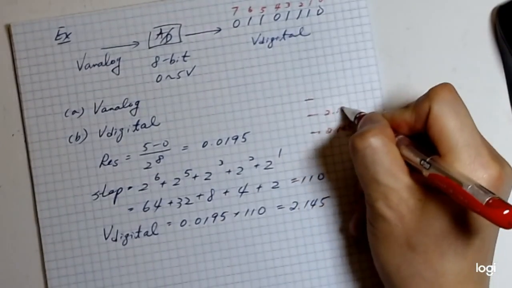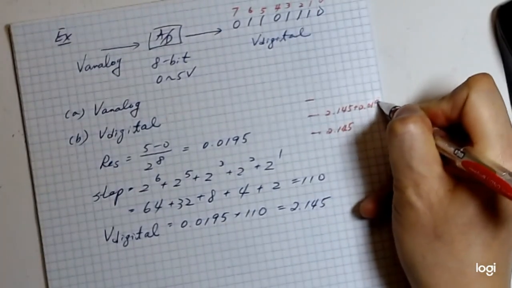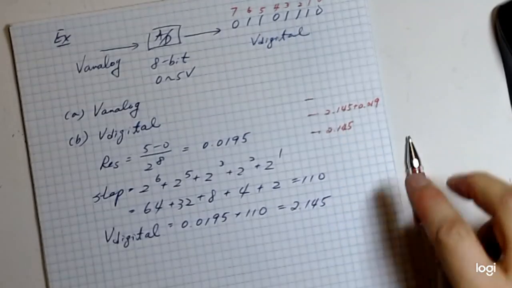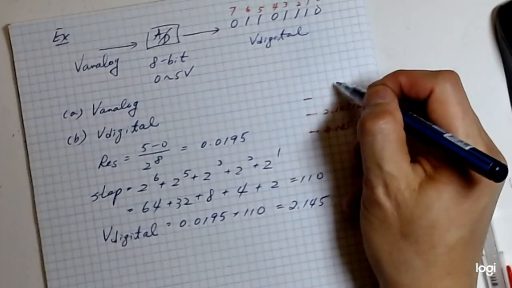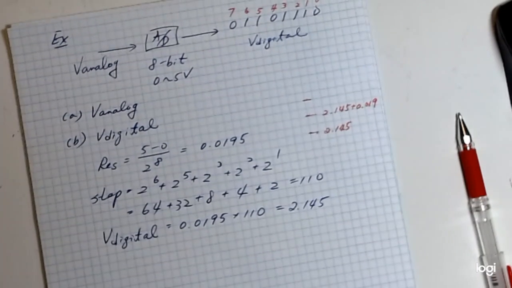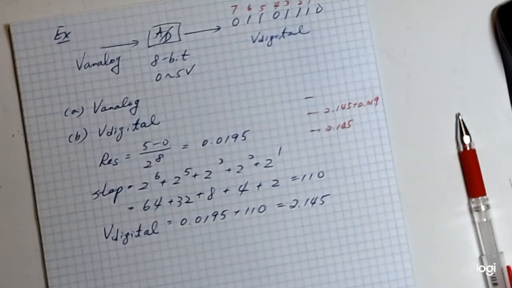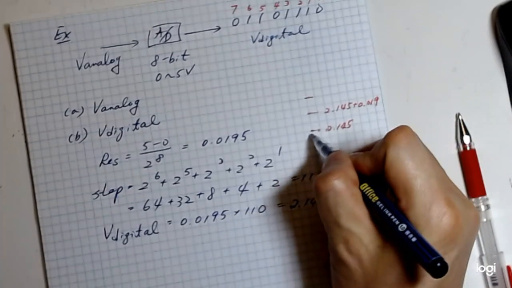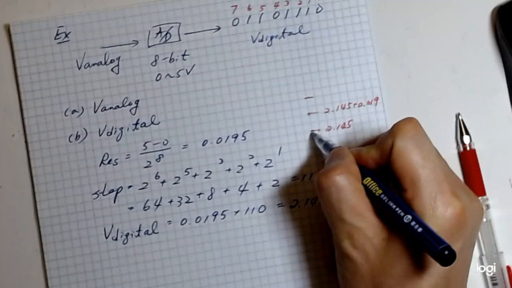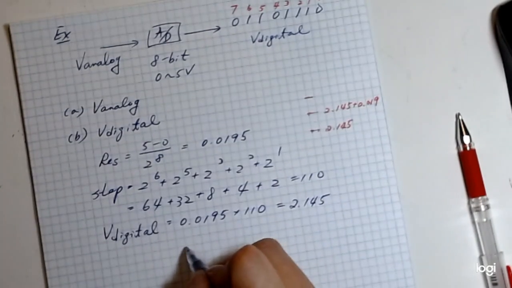That's 2.145 plus a resolution. So this is the digital number right here. It's the digital voltage. What is the analog voltage? If your answer is only one number, 2.145, that's wrong. It should be a range. It should be whatever is between these 2 points.